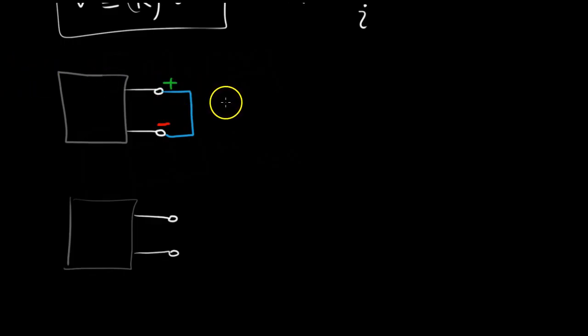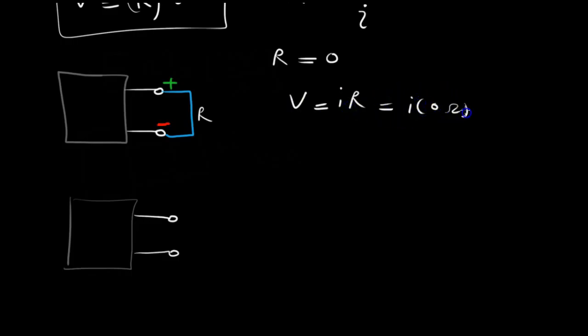Which of course is not the case in the real world, materials always have some resistance to them, except for superconductors, which we won't get into here. But we can approximate all wires to have a resistance of 0 in this class. So when that is the case, if you apply Ohm's law, we get I times 0 resistance, which is 0.